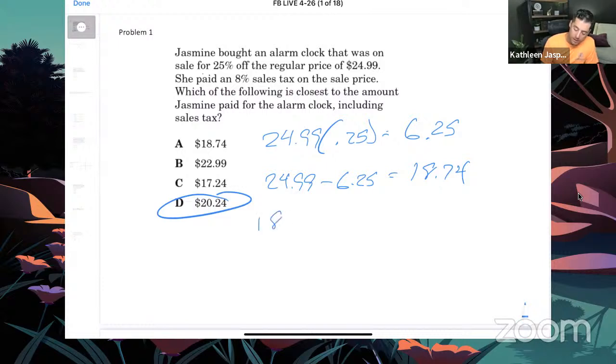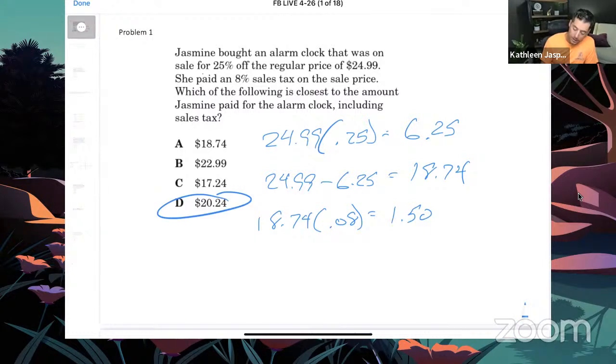So you're going to do $18.74 times 0.08, and that's going to be $1.50, because we're going to go ahead and round it up. It's really $1.4992.